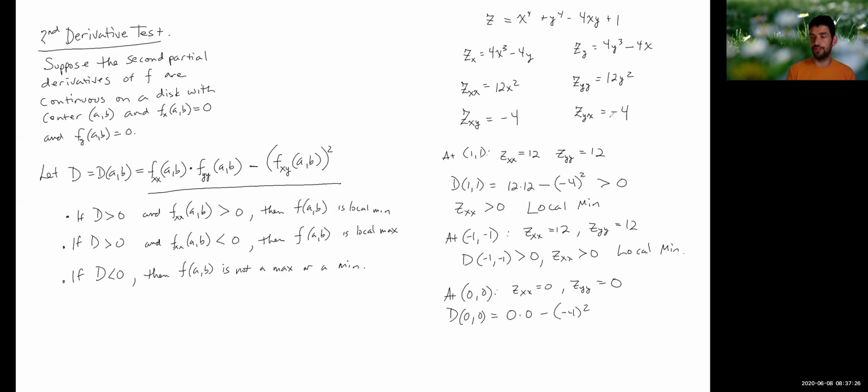The mixed partials are just -4 regardless of what point we're at. And so we get -4 squared is 16, and we're subtracting it, so -16, which is less than 0. So we get that it's not a max or min as we expected, because we looked at that picture and saw that that was the case.